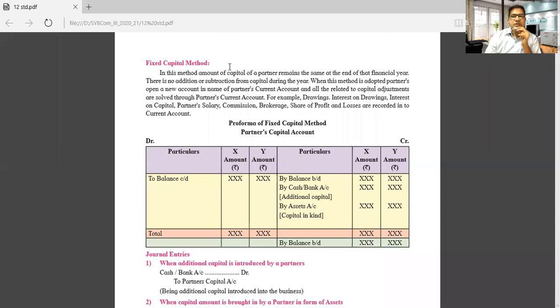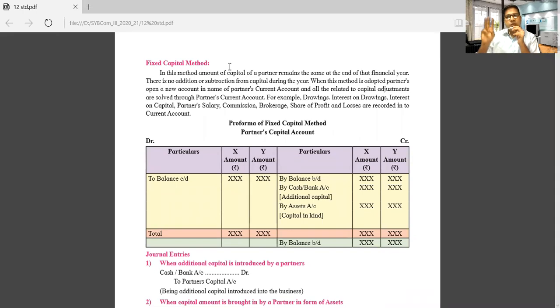It means fixed capital. Suppose A has brought 10,000 rupees as capital. Now that 10,000 amount is fixed throughout the financial year. Whole year we have to keep the 10,000 amount. There is no change.